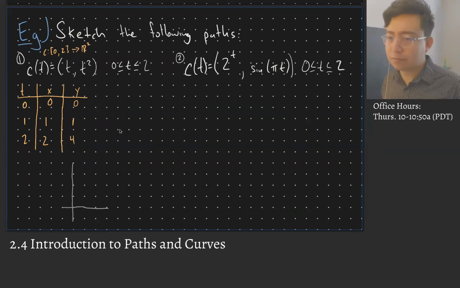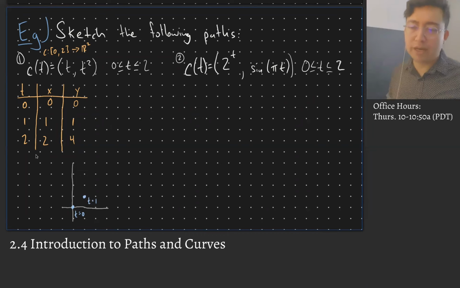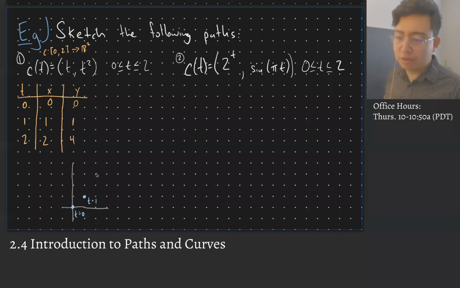So at t equals 0, we have 0, 0, right? T equals 0, you're at the origin. Then at t equals 1, we're at 1, 1, where x equals 1, y equals 1. And then at t equals 2, we're at 2, 4.